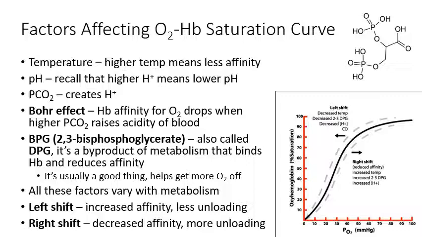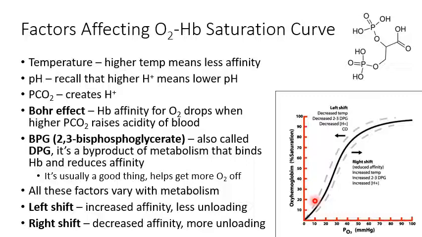On the other hand, if you're reducing those things instead of increasing them, if you're reducing the temperature, increasing the pH by reducing the proton concentration, reducing carbon dioxide, reducing BPG, that's going to cause a left shift on the curve. The whole curve is going to move left, maybe to this dotted line. That means that you have more affinity of hemoglobin for oxygen, so it's going to be easier for hemoglobin to pick oxygen up.